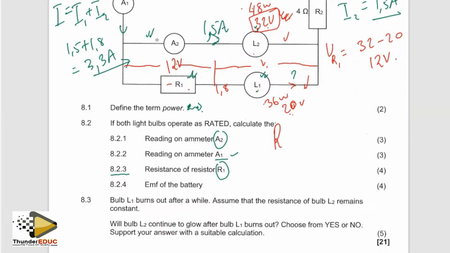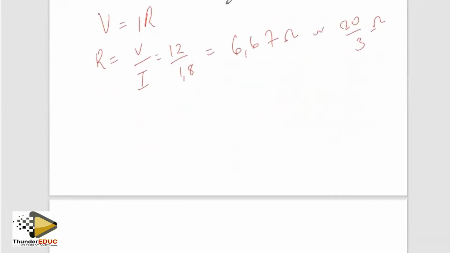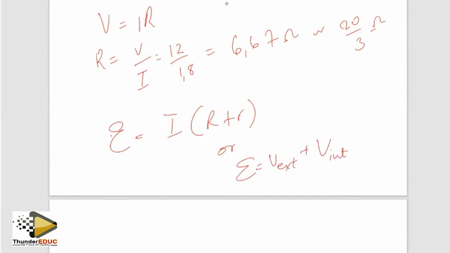Then 8.2.4, they want us to get the EMF of the battery. We know the formula for EMF is I into R plus small r. How about if I look at it in a different way, using the voltages? EMF is V external plus V internal.